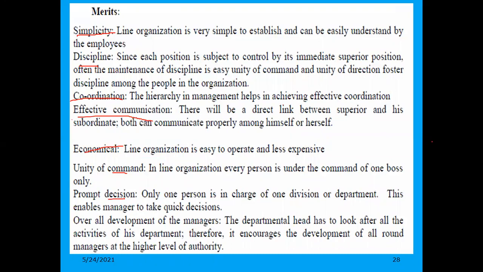Only one person is in charge of one division. This enables the manager to take quick decisions. So whenever you start any work in the organization, every person is under the control of one boss.